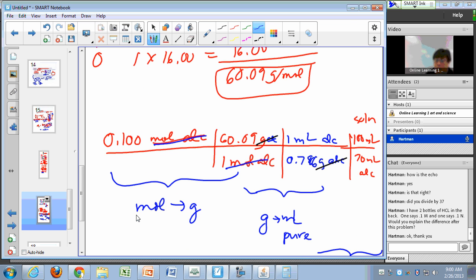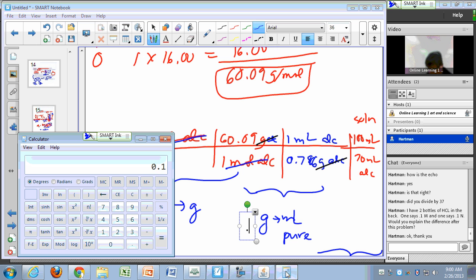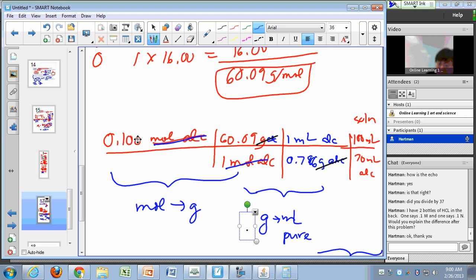Okay, so let's see, 0.1 times 60.09. This is 6.009 grams, is what you need.